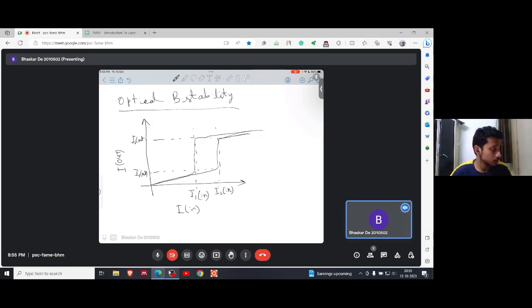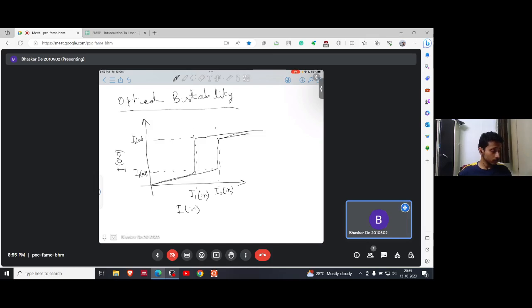Such a bistable system is shown in this figure. So for I1 in, the output is I1 out.